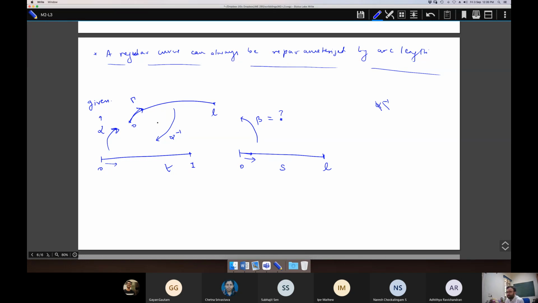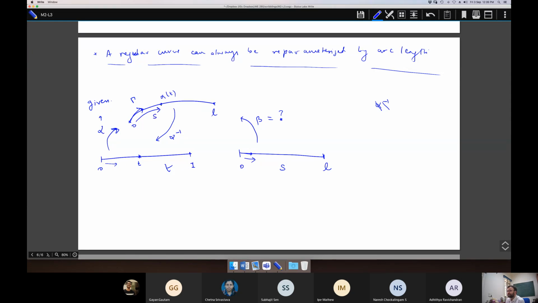Okay, so the point is the following, okay? The way to think about this, one simple way. Suppose you took some arbitrary point T here, okay? Where will this get mapped to? Alpha of T. Okay, so at this corresponding alpha of T, let's say that this is at a distance of S, right?